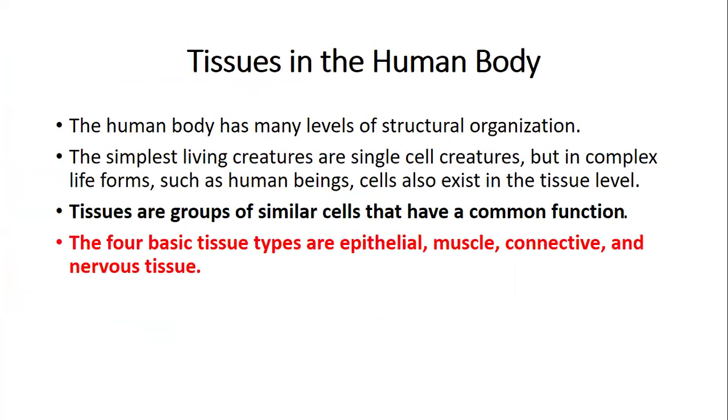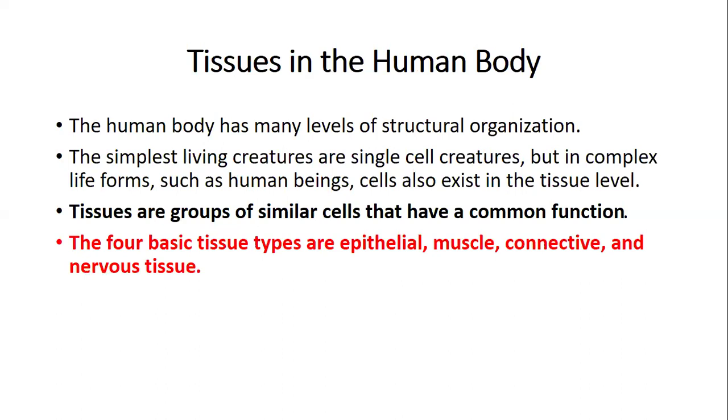So, tissues in the body. The human body has many levels of structural organization. The simplest living creatures are single-cell structures. But in complex life forms, such as human beings, cells also exist at the tissue level. Tissues are groups of similar cells that have a common function.